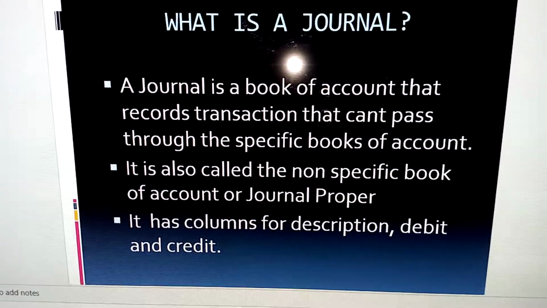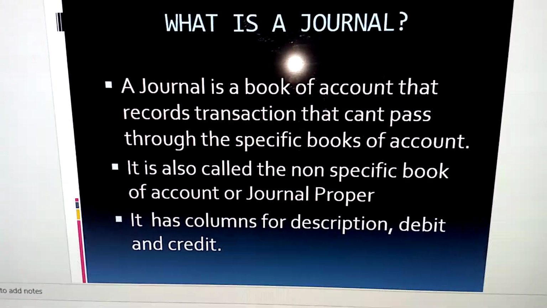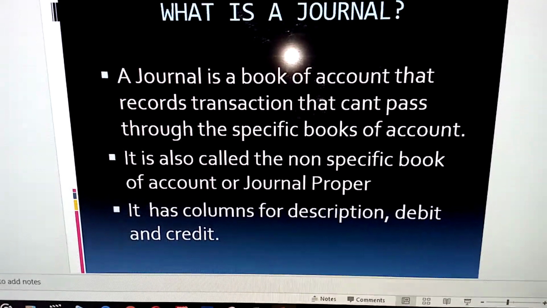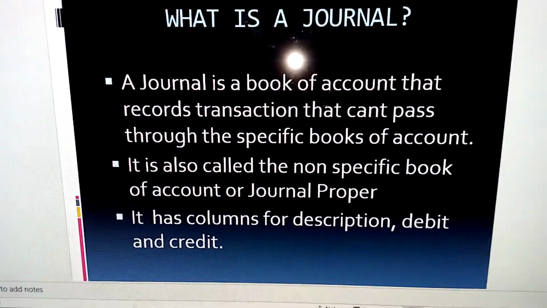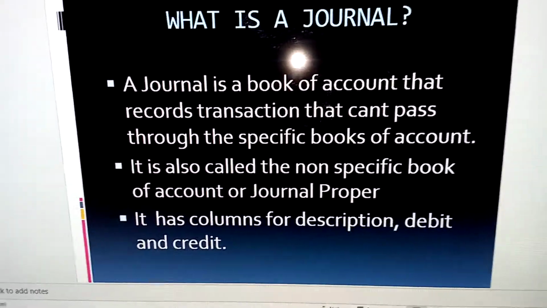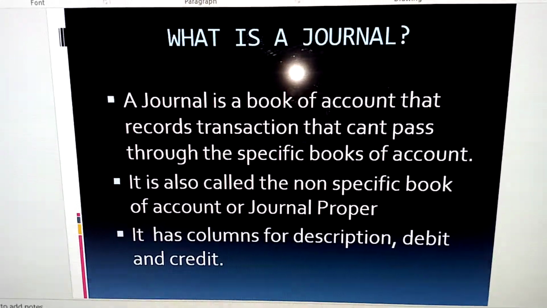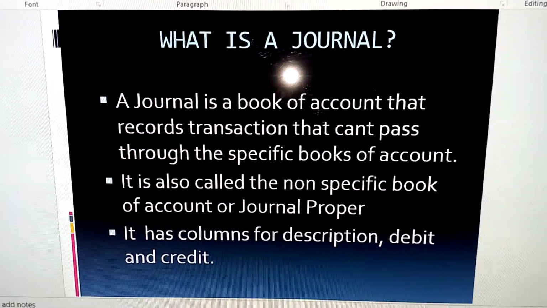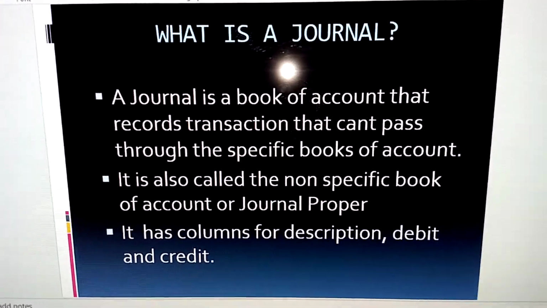The journal proper has columns for description of transaction, debit, and credit. In a nutshell, when there are errors, for us to correct them, we raise journals.